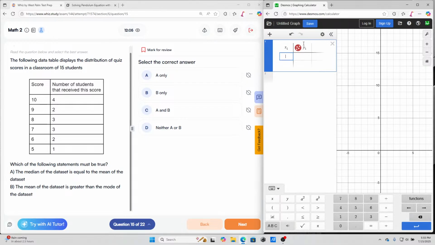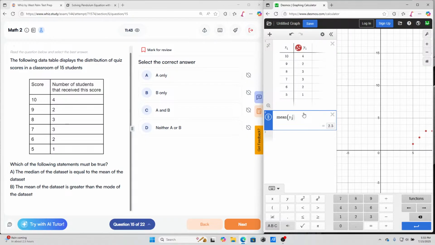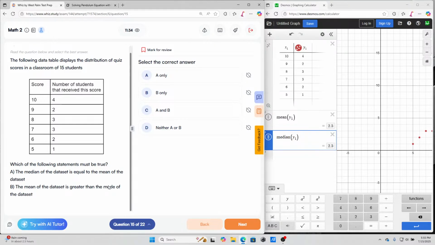Table, yeah. Two 2.5. Also 2.5. So it's equal.